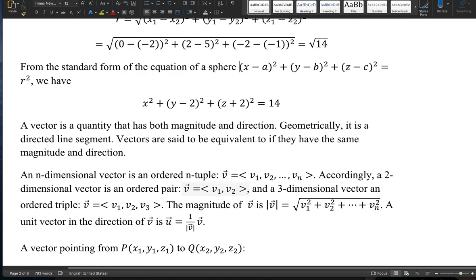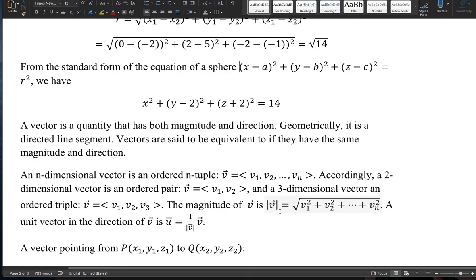And also, a vector in the two-dimensional or three-dimensional case can be considered as a quantity with magnitude and direction. The magnitude is calculated using the absolute value notation, which is used to denote the magnitude of a vector. It is the square root of the sum of squares of all components.